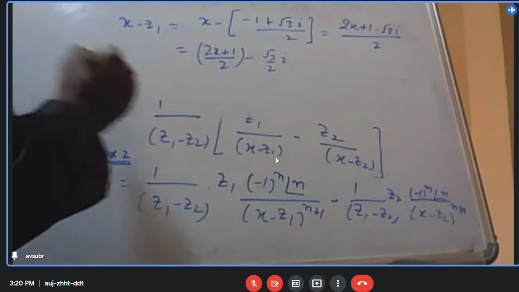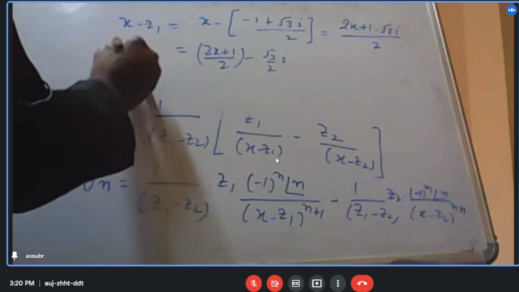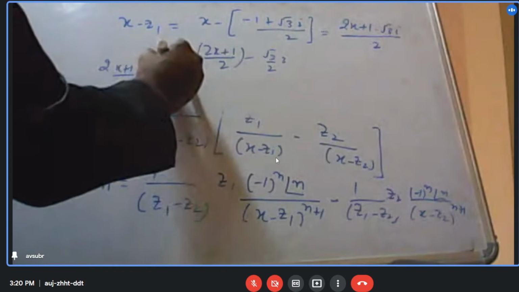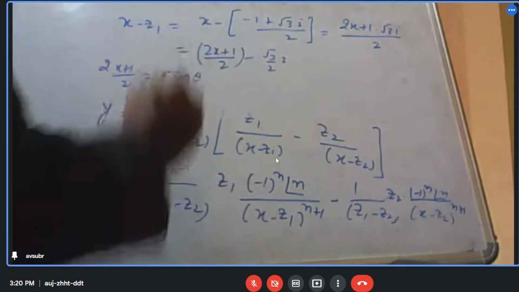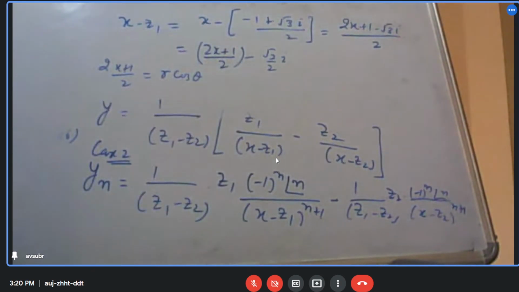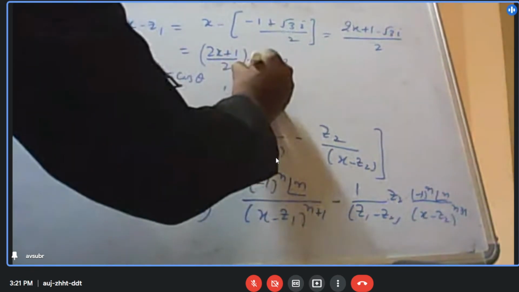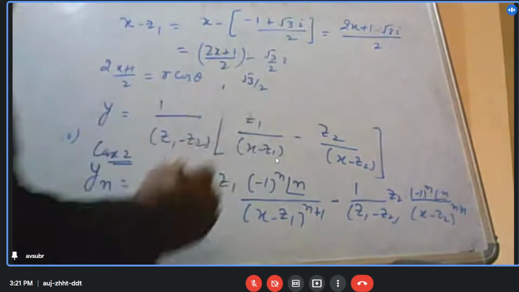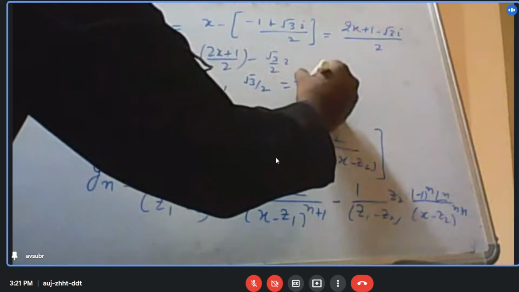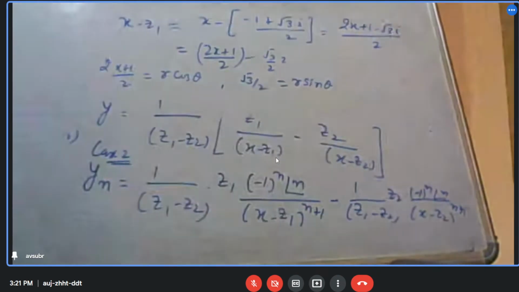Now let me consider that 2x plus 1 by 2 is equal to r cos theta, and root 3 by 2 is equal to r sin theta. Let me consider this.